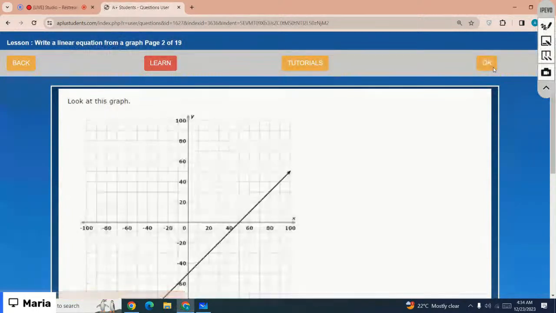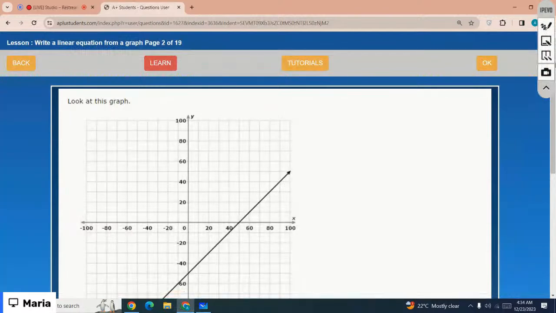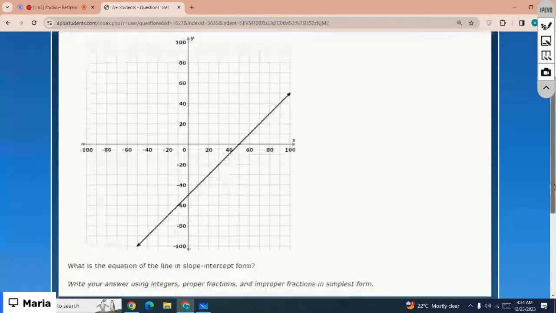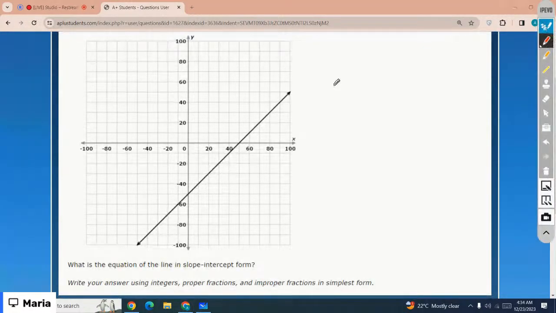Okay, the next one is, look at this graph. Calculate the same two things, the y-intercept and the slope. Y equals mx plus b.